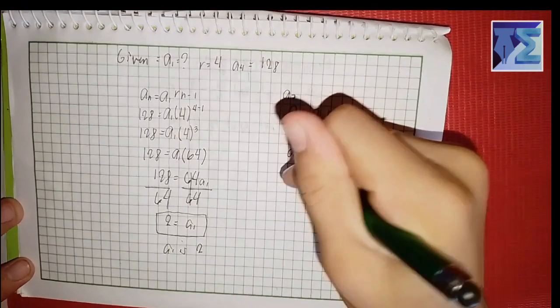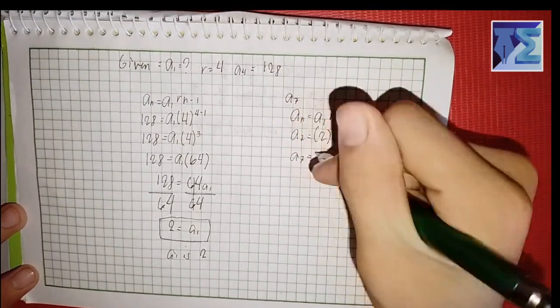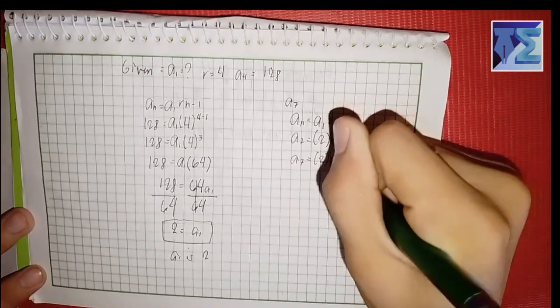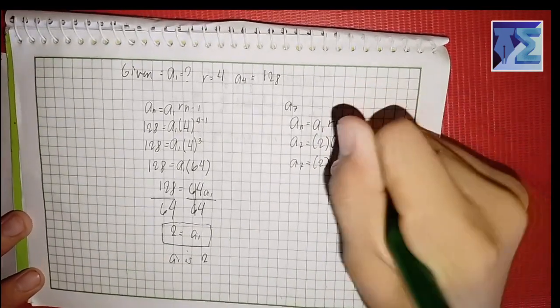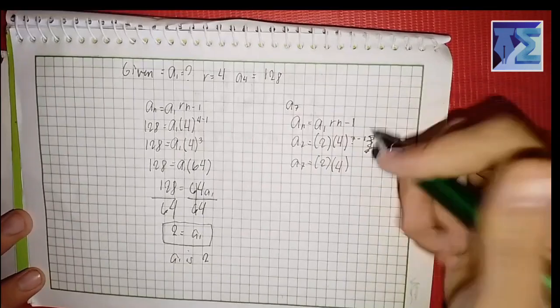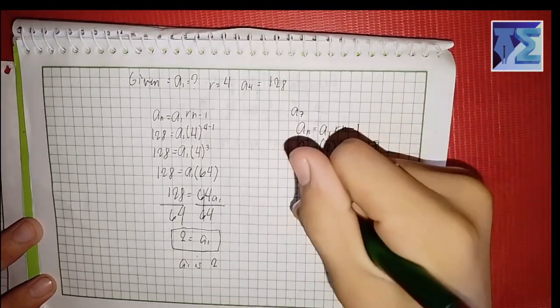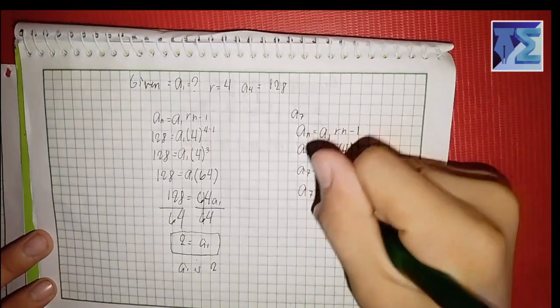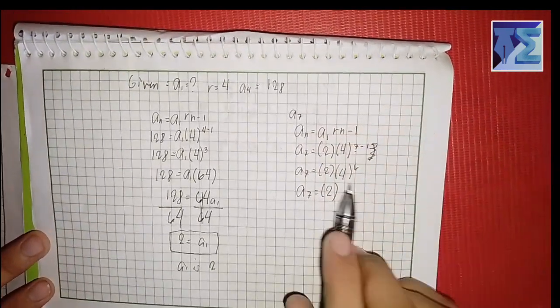So bring down a sub 7, bring down the 2, and bring down the 4. So 7 minus 1 is 6.